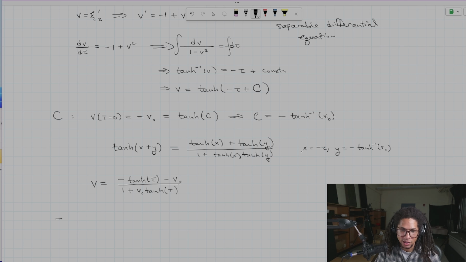Let's make sure that it has the properties that we want. If tau is equal to 0, then these hyperbolic tangents of tau become 0. And I'm just going to get 0 minus v naught over 1 plus 0. So minus v naught, as expected.